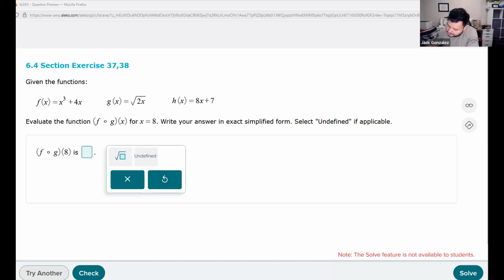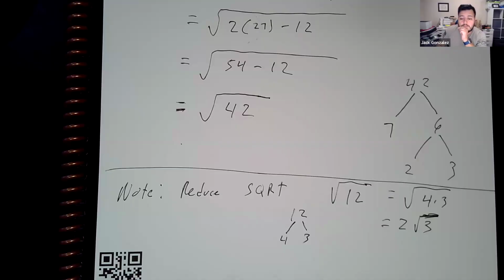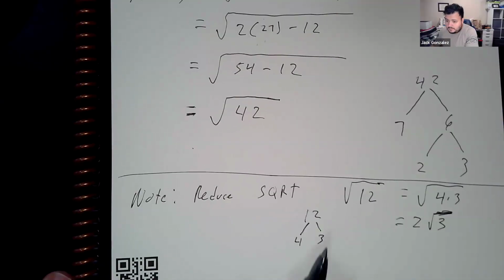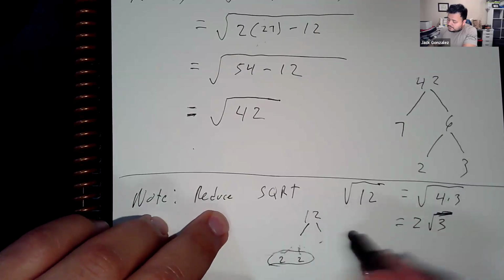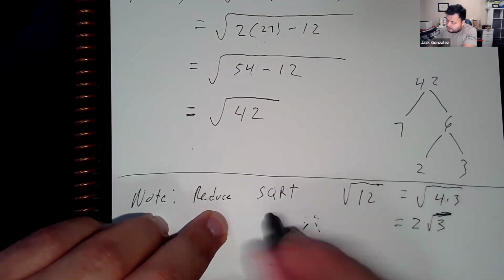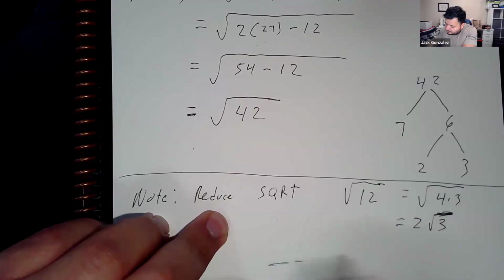Check this one out, like the 12. Break the 12 into 4 and 3, and then the 4 is 2 times 2. So this repeats, so this is a squared factor. You can also see the 4. If you had chosen something else, let's say we broke it up differently to make it more difficult.